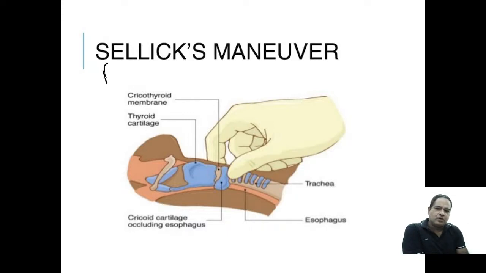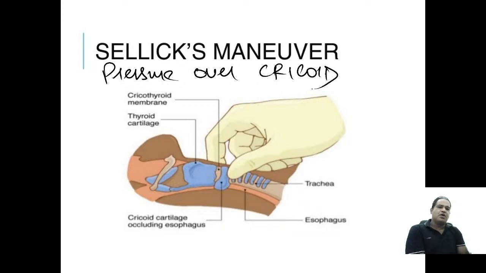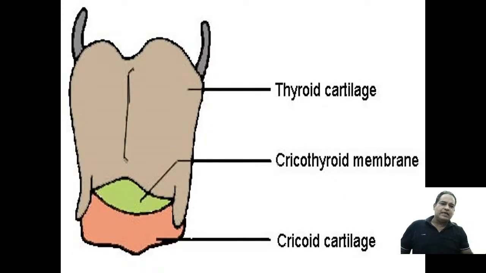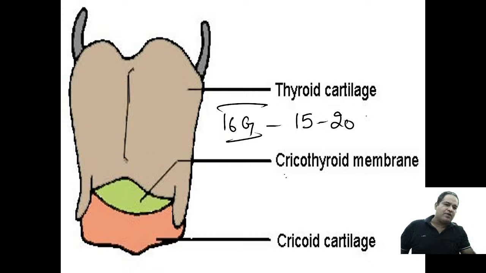Sellick maneuver. What is Sellick maneuver? Pressure over the cricoid. That will make the trachea more prominent. That will compress the esophagus. Needle cricothyrotomy done with a 16 gauge needle can give air for 15-20 minutes.